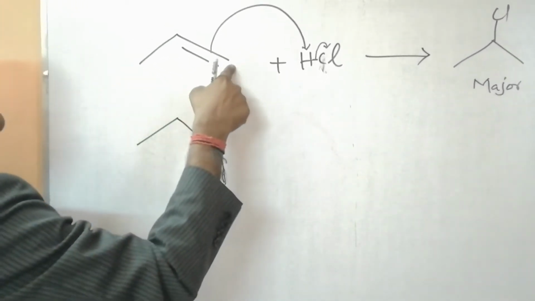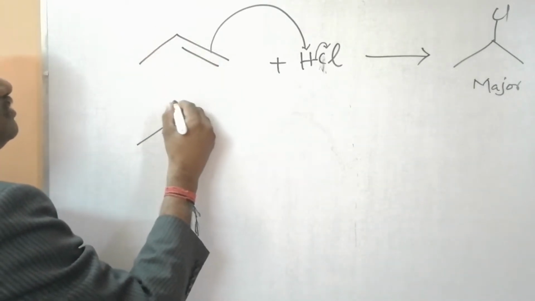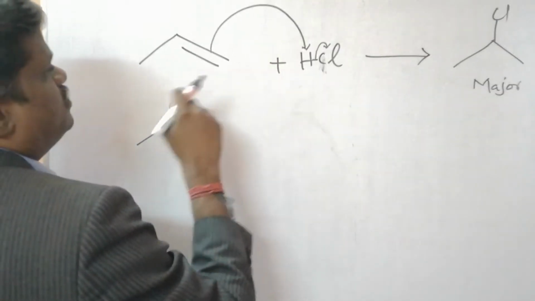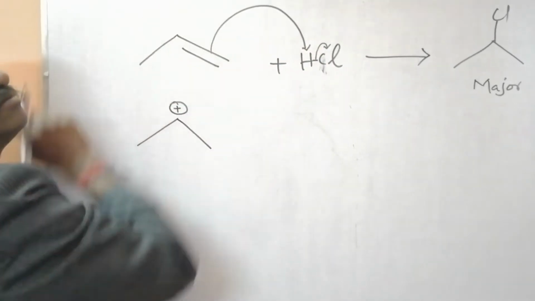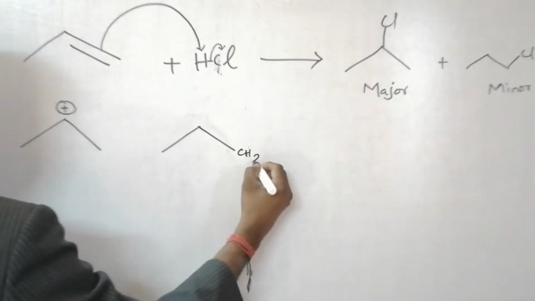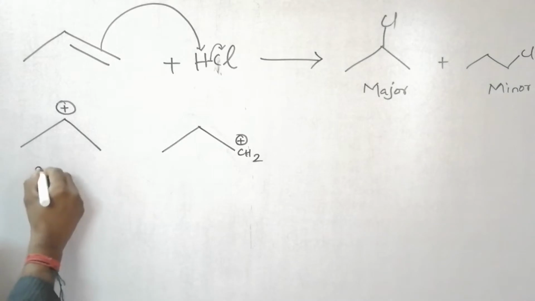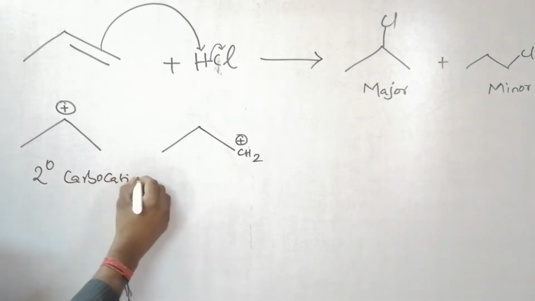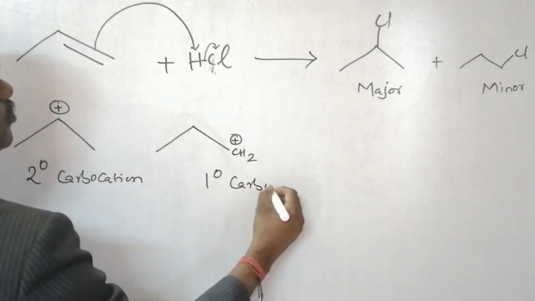Suppose it is added at the terminal carbon, then the center carbon will become positively charged. In another way, suppose this hydrogen attacked the center one, you will get this one. So this is the secondary carbocation and this is your primary carbocation.